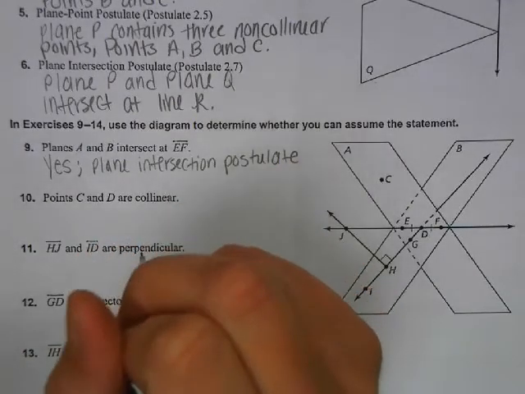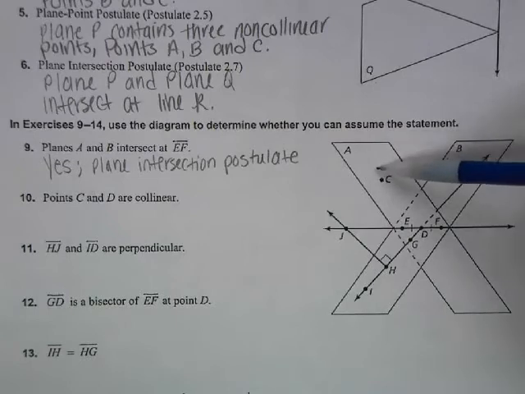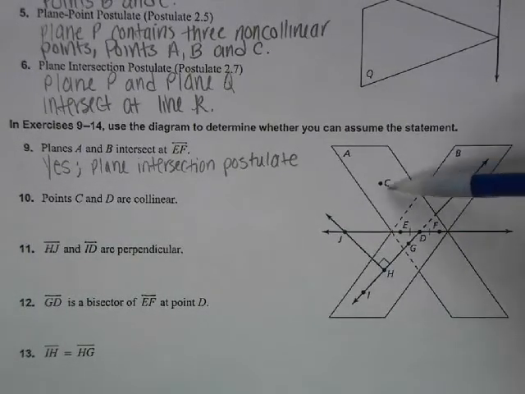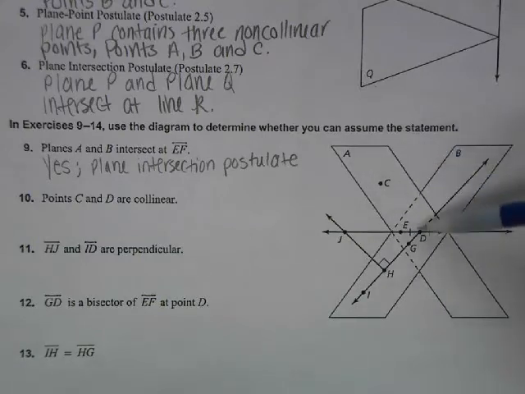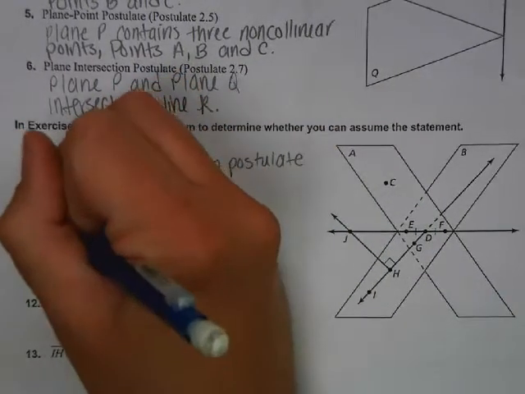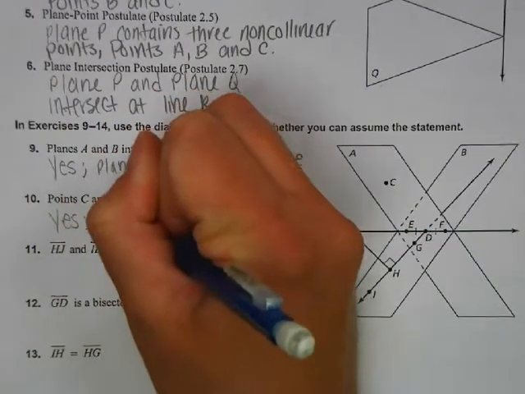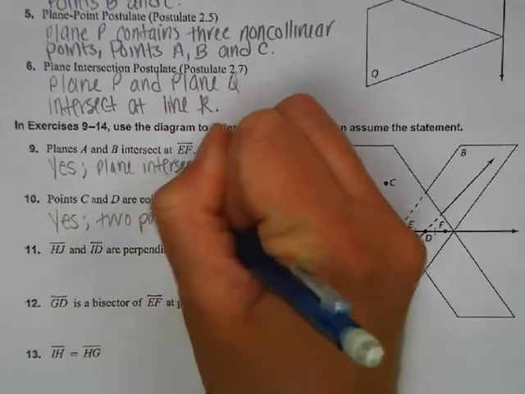That 2-point postulate allows us to say that even if there is not a physical line drawn for us in this diagram, you can indeed draw one and make C and D collinear. So yes, and again, this is because of the 2-point postulate.